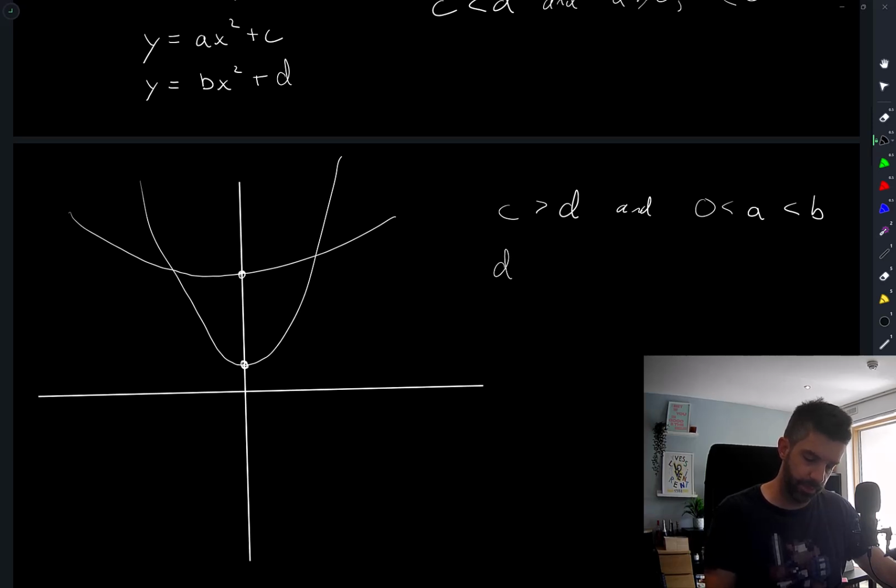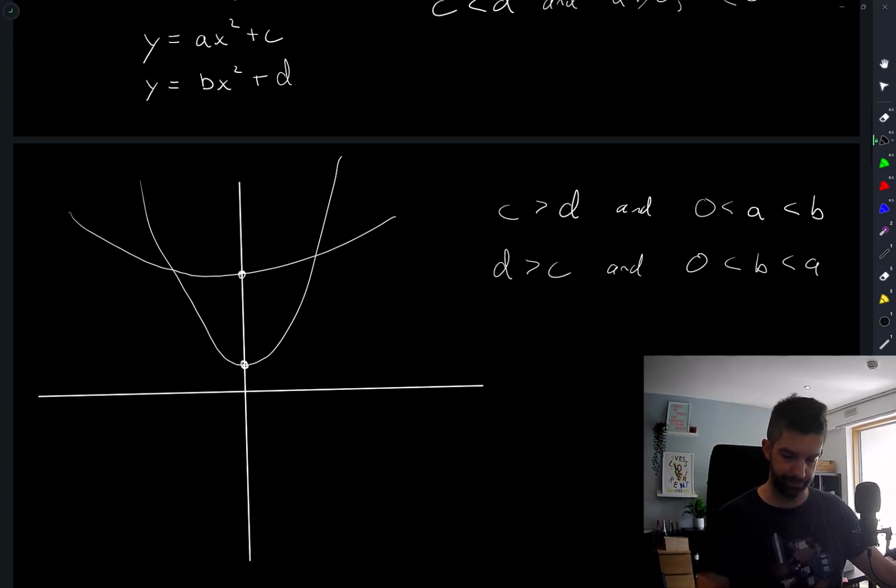Or we can have d greater than c, and 0 is less than b is less than a. But then we can also have some similar things with them opening downwards. Yeah, a lot of these.